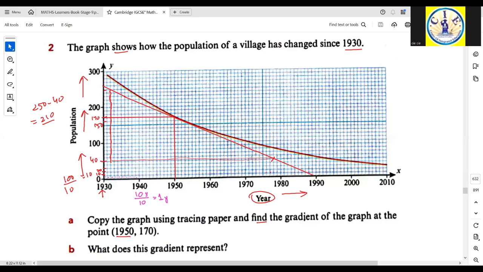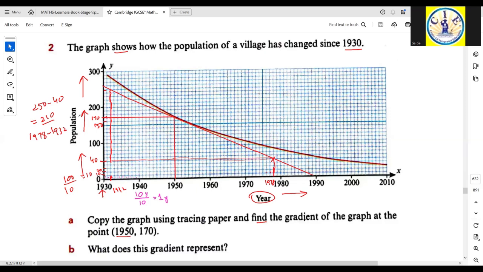It could be from this one, so 1932 till this point, this could be 1978. So 1978 minus 1932.